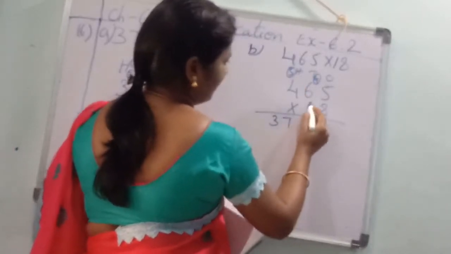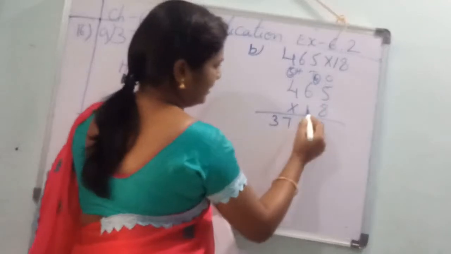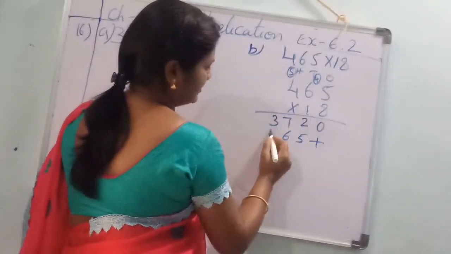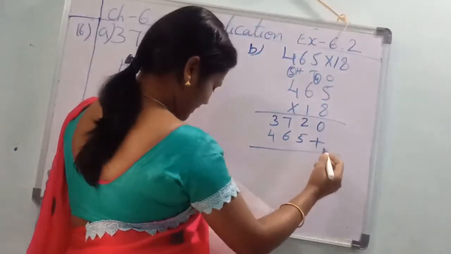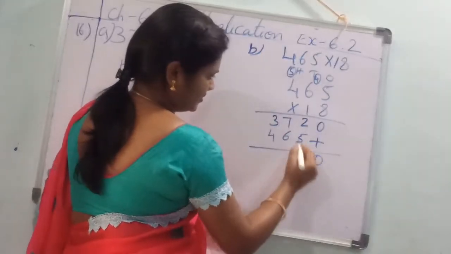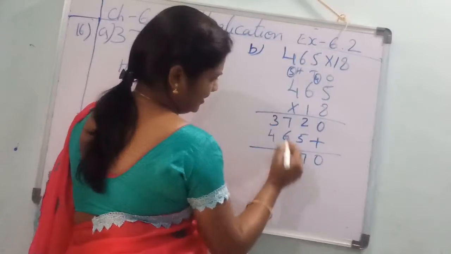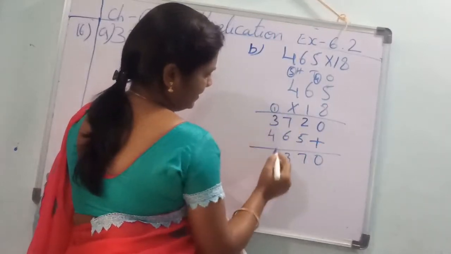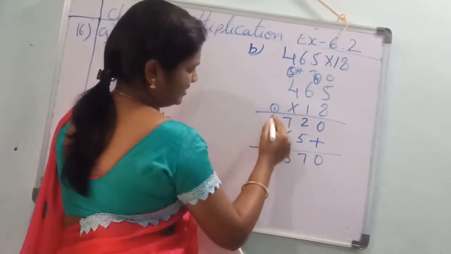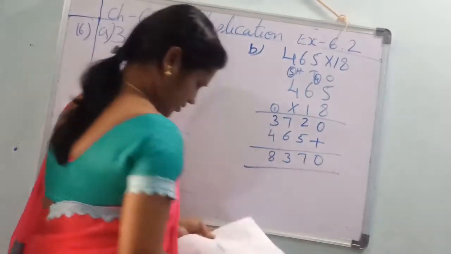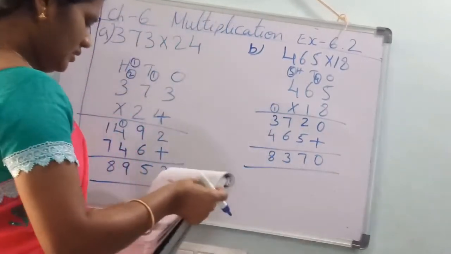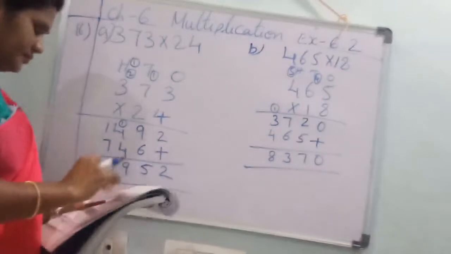Now 1 5 is 5, 1 6 is 6, 1 4 is 4. What is that answer? 6 plus 7, 13. 3 here, 1 carry forward. 4 plus 3, 7. 7 plus 1, 8. 8,370.